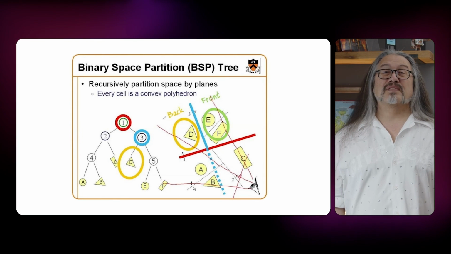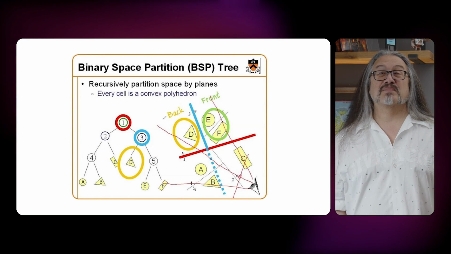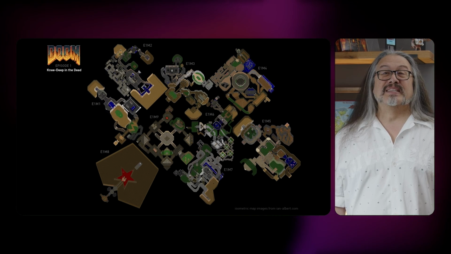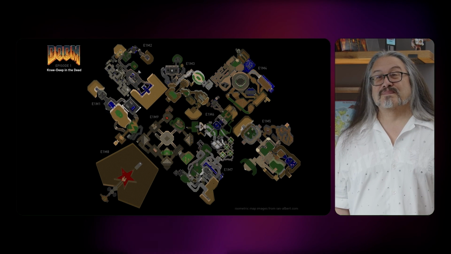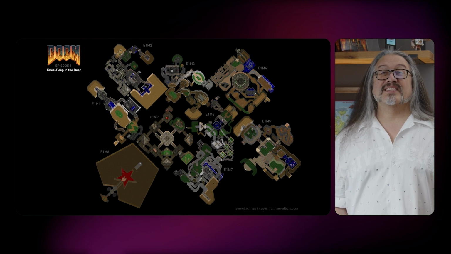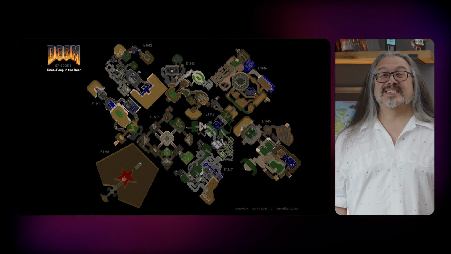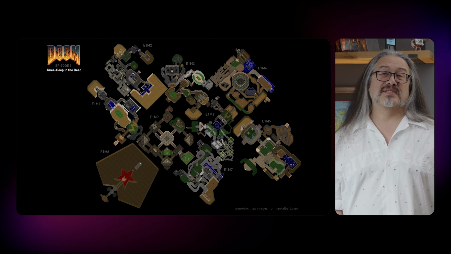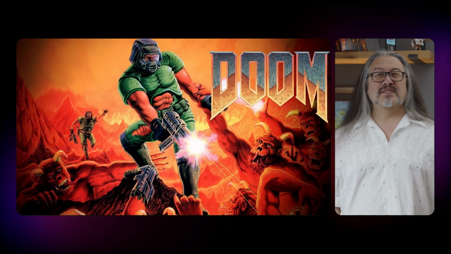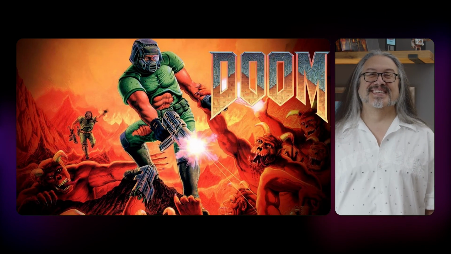AI could have arrived at the BSP solution that we use for drawing levels at high speed. That's binary space partition. Or maybe AI could have suggested an even better algorithm. AI definitely could have sped up the creative process of choosing level location ideas, narrative ideas, character names, and many other things. Instead of creating Doom in 11 months, we could have done it faster.